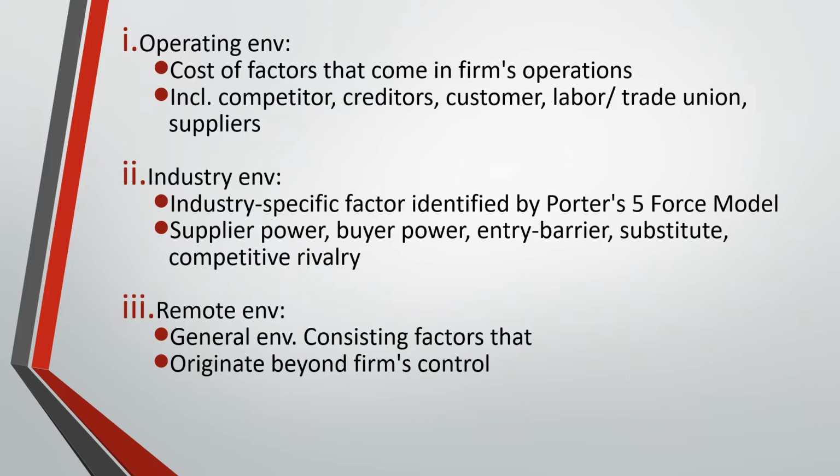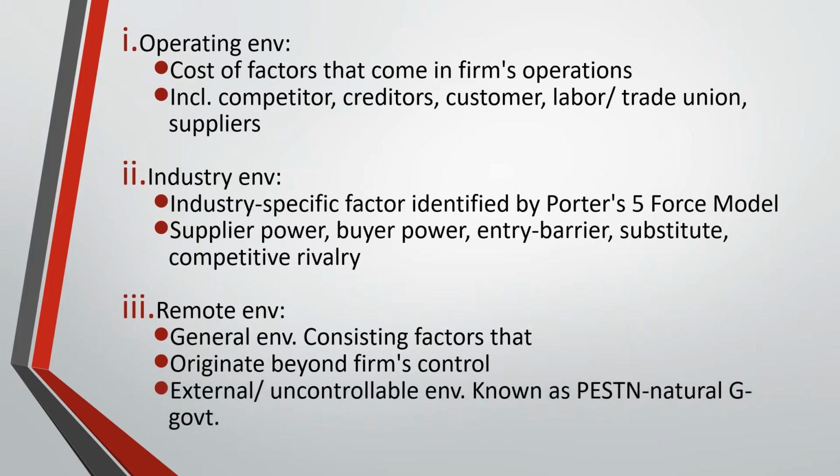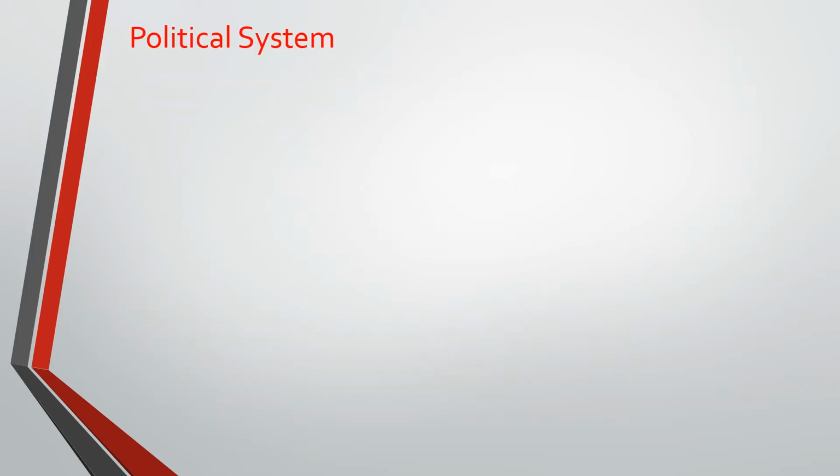Next we have remote environment, the general environment consisting of factors that originate beyond the firm's control. The external or uncontrollable environment is known as PEST. PEST. N means natural, G government.